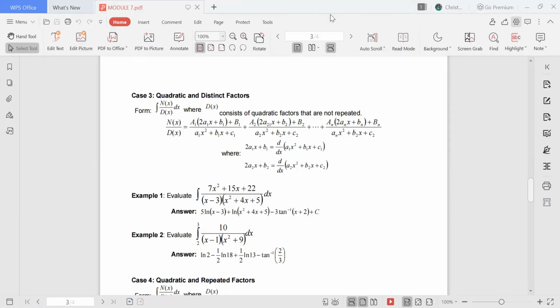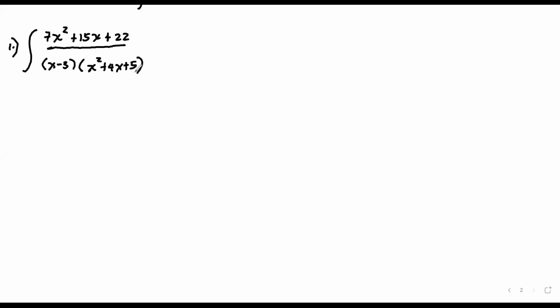Okay, so let's try example para mas clear tayo. Number 1, the given is the integral of 7x squared plus 15x plus 22 over x minus 3 multiplied by x squared plus 4x plus 5 dx.